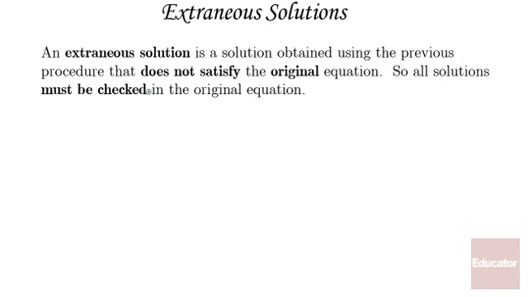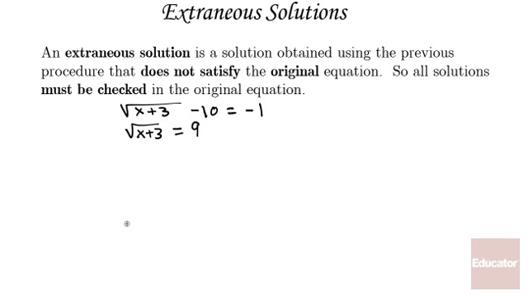So let's talk about the example we just discussed. I started out with this equation. I then rewrote it in this form, and that is not the step that creates an extraneous solution. This step is fine. It's the step in which you square both sides.